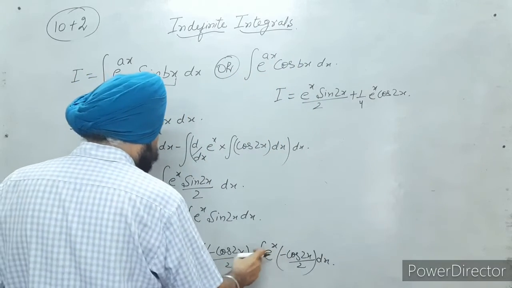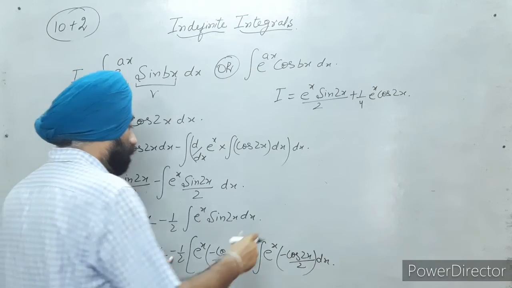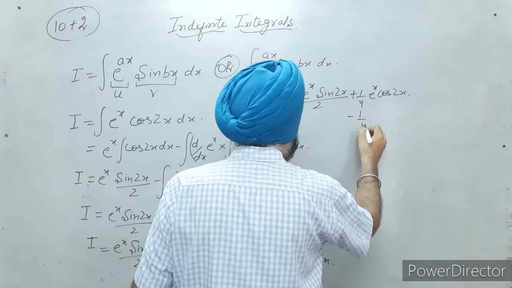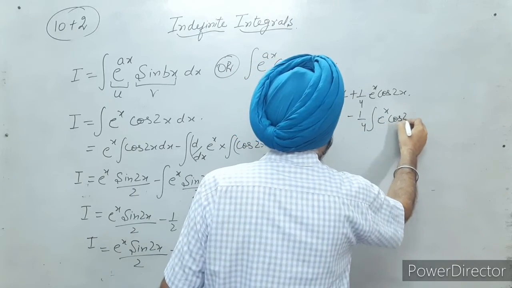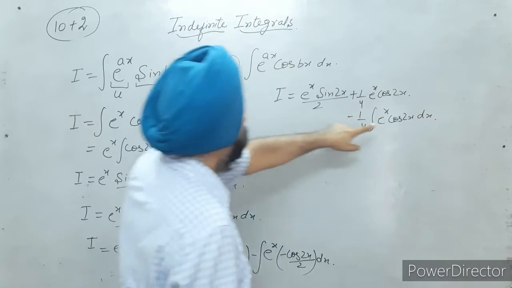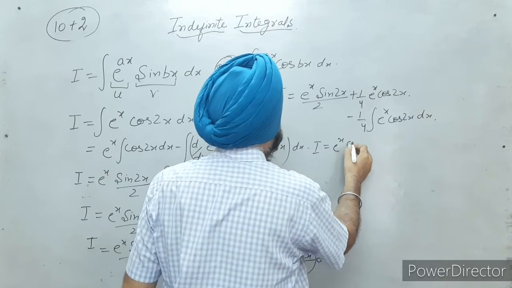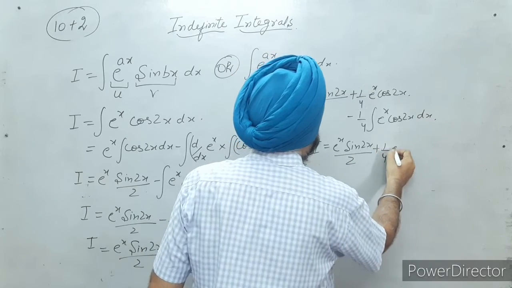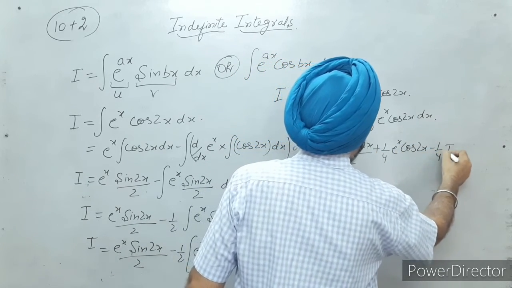This is minus and minus becomes plus, but here it's minus over here, it becomes negative 1 by 4 integral of e^x cos 2x dx. We started from here only, so I get this as I. It becomes I equals e to the power x sin 2x divided by 2 plus 1 by 4 e to the power x cos 2x minus 1 by 4 I.